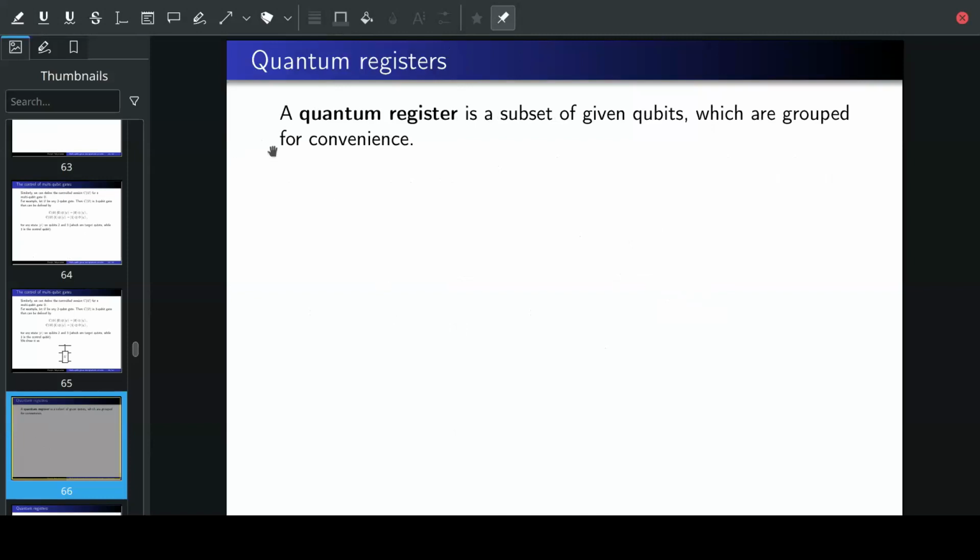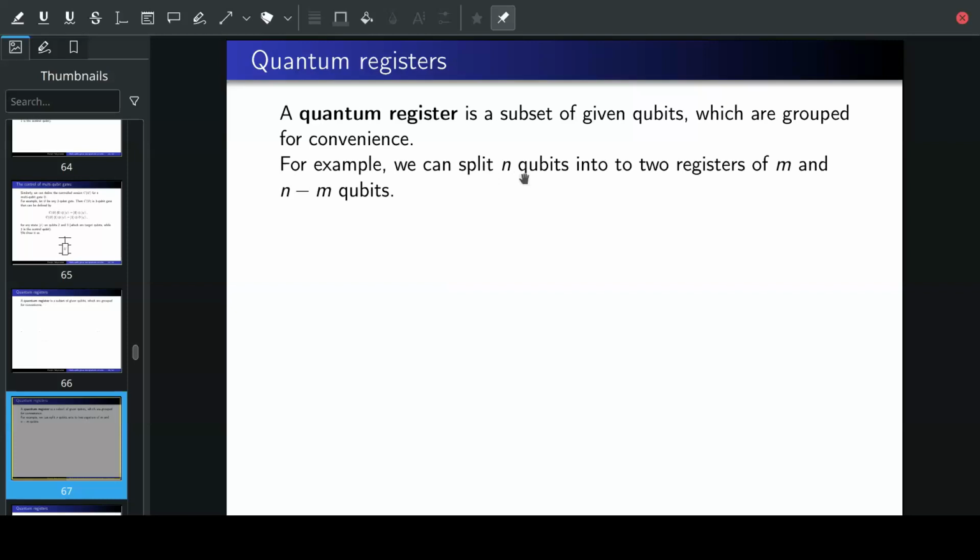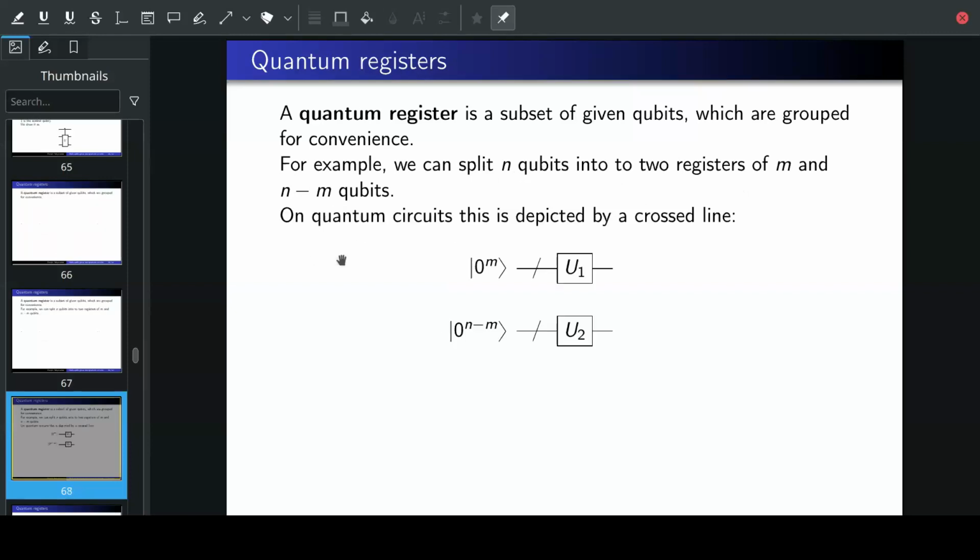Now, a quantum register is a subset of given qubits, which are just grouped for convenience. So, for example, we can split n qubits into two registers of sizes m and n minus m qubits. On quantum circuits, this can be drawn this way. 0^m is just a string of m zeros, and instead of drawing all m lines, we just draw this crossed line, similarly here.